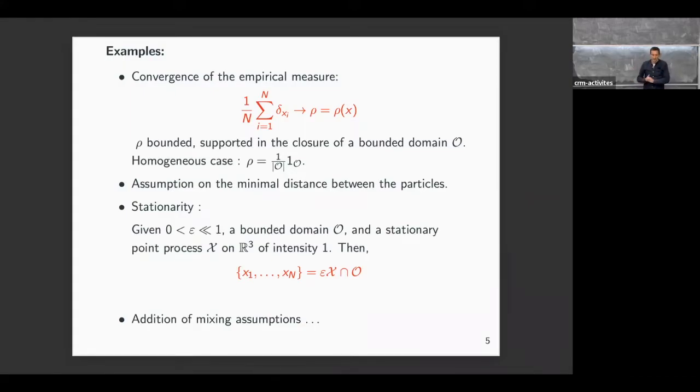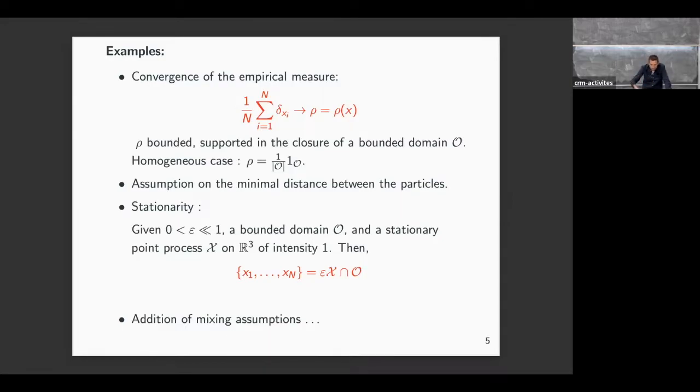You give yourself a small parameter epsilon, you give yourself a bounded domain, and you give yourself a stationary point process on R3 of intensity 1. And then you rescale it by epsilon, and you say, my x1, ..., xn are those particles that fall into my domain O. So typical homogenization point of view, I would say.